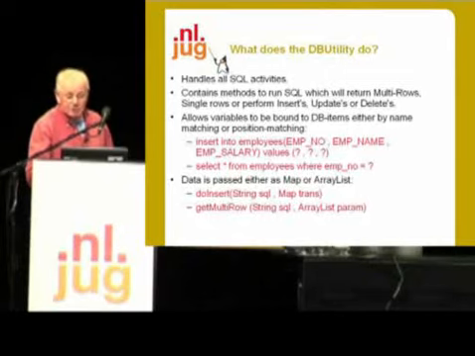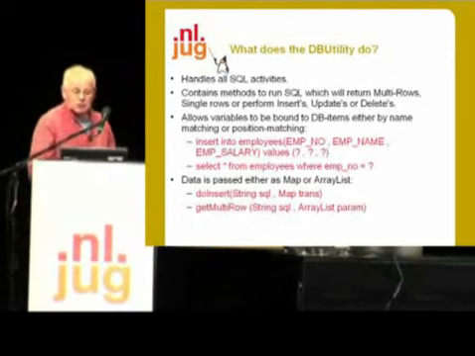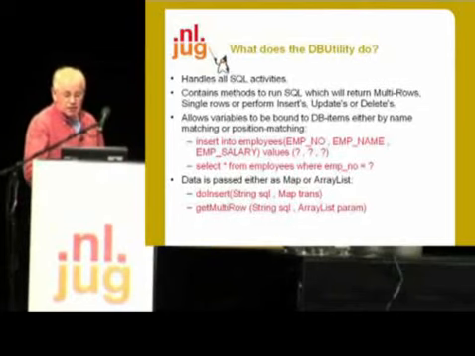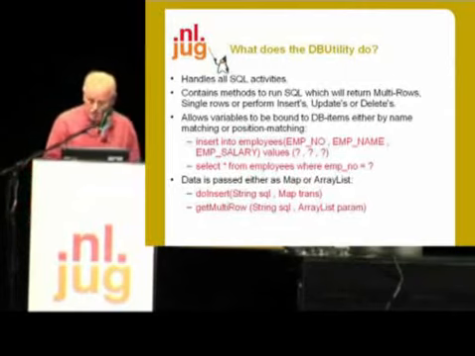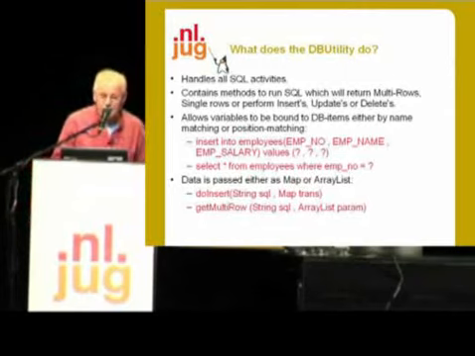If we're doing something like this, select from employees where employee number is particular value, then we could be doing position matching. So get multi-row for this particular SQL using this array list. So it's a very simple way of working.